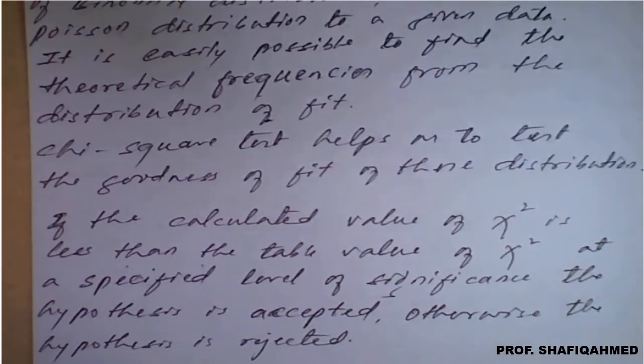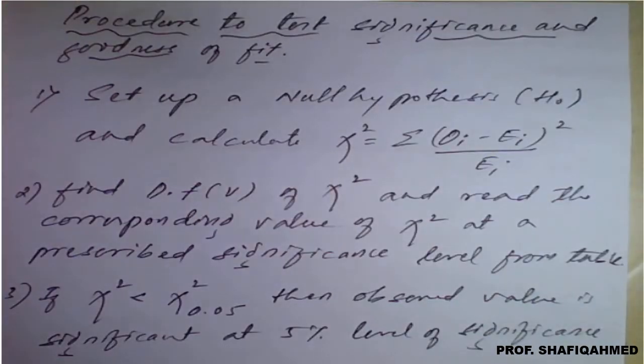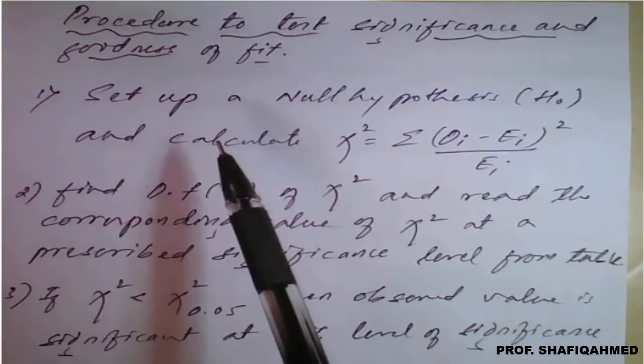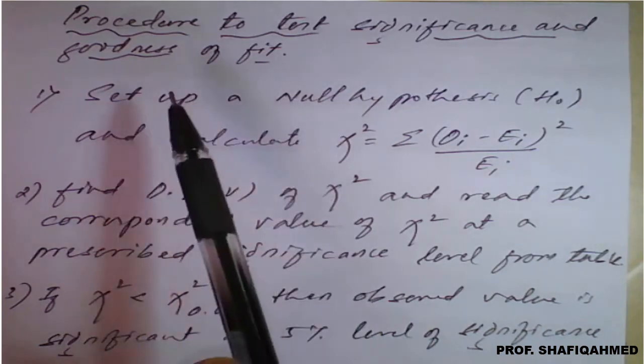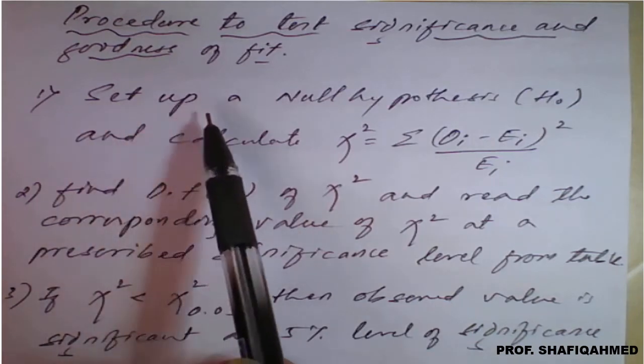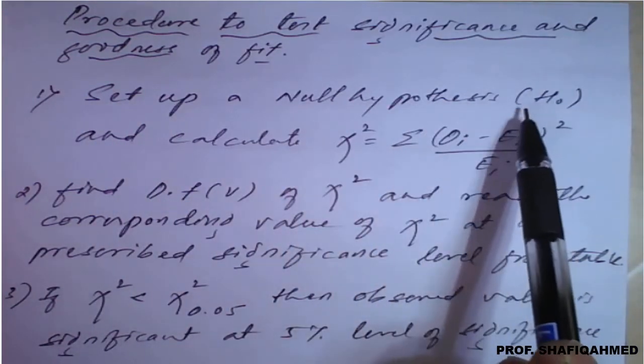Now we'll see the procedure to test the significance and goodness of fit, means how this chi-square is going to be calculated. We'll see it by one simple procedure. The first step is to set up a null hypothesis H0.